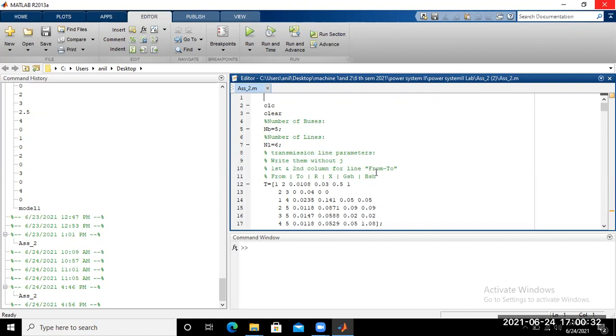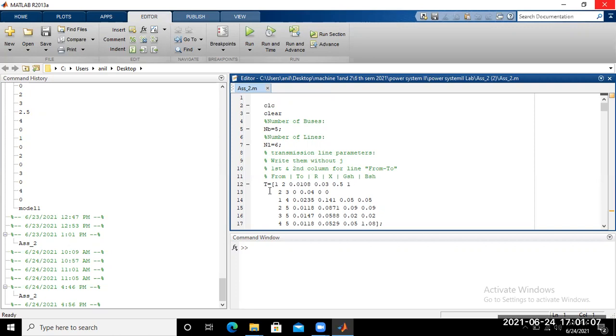You start at a particular bus and connect it through a transmission line to another bus, so it is written here as from and to. Next we give R for resistance, X for reactance, G for conductance and B for susceptance.